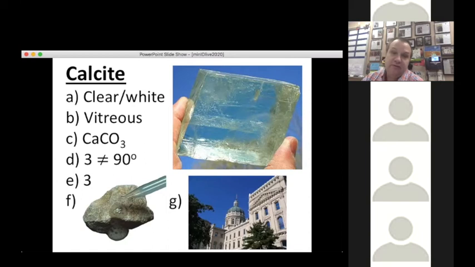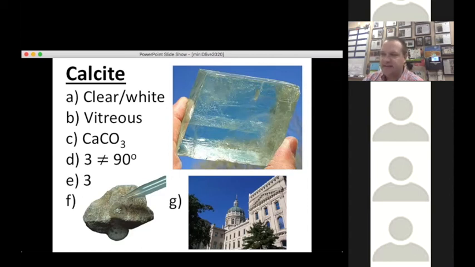I wanted to know the formula again. And this one has calcium, like in our bones and our teeth. And it is a special group called carbonates, CO, carbon and oxygen. Remember the silicates were silicone and oxygen? Now we have a carbonate, carbon and oxygen.